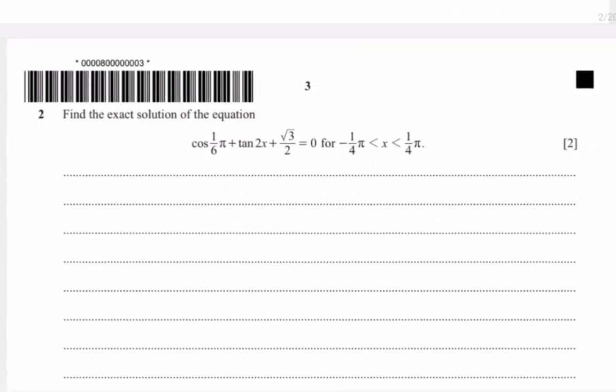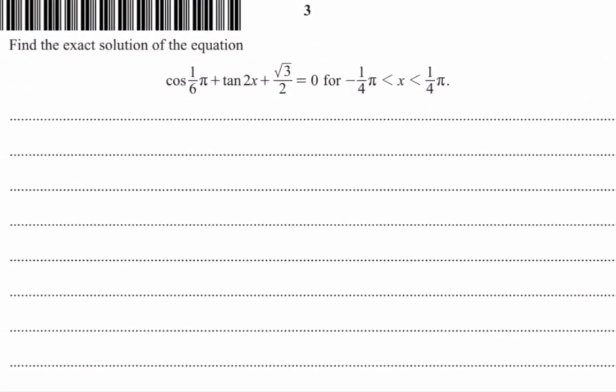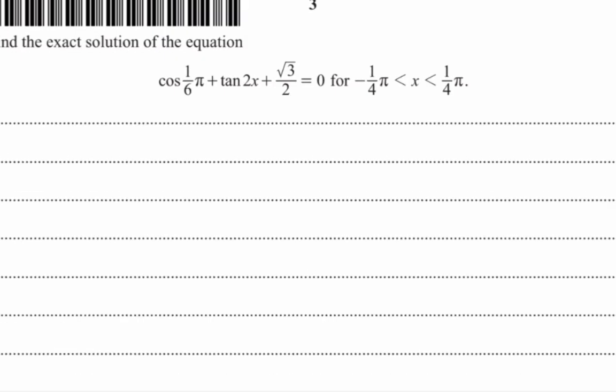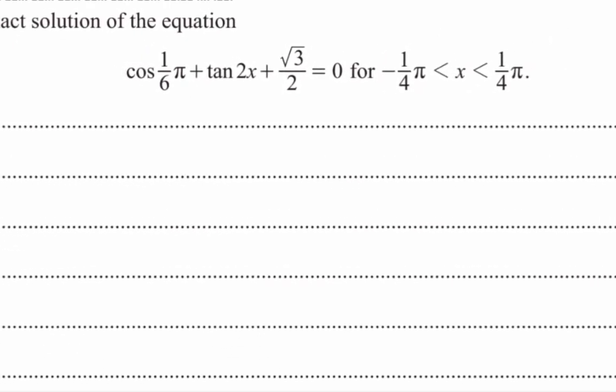Moving on to the second question, it says find the exact solution of the equation cos a sixth pi plus tan 2x plus root 3/2 equal to 0 for x taking a value from minus a quarter pi to positive quarter pi. We're just going to punch this in radians because we're dealing with pi's.